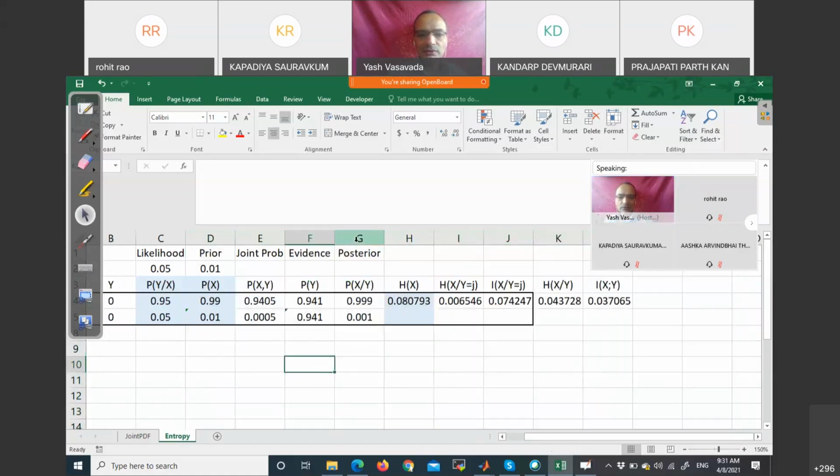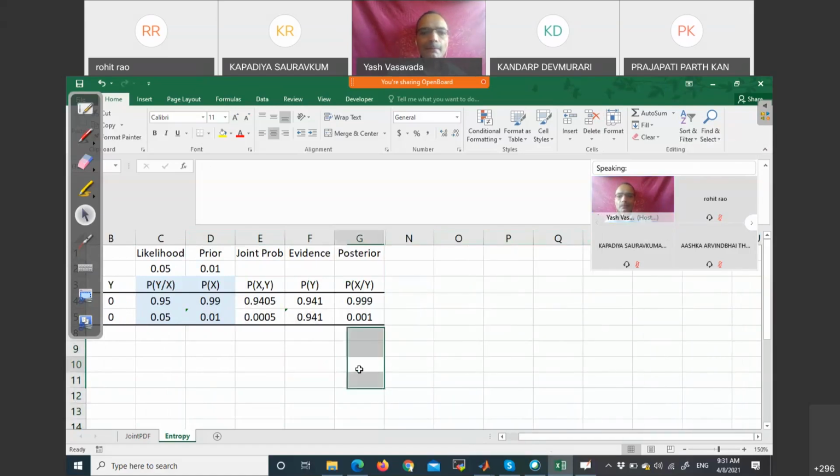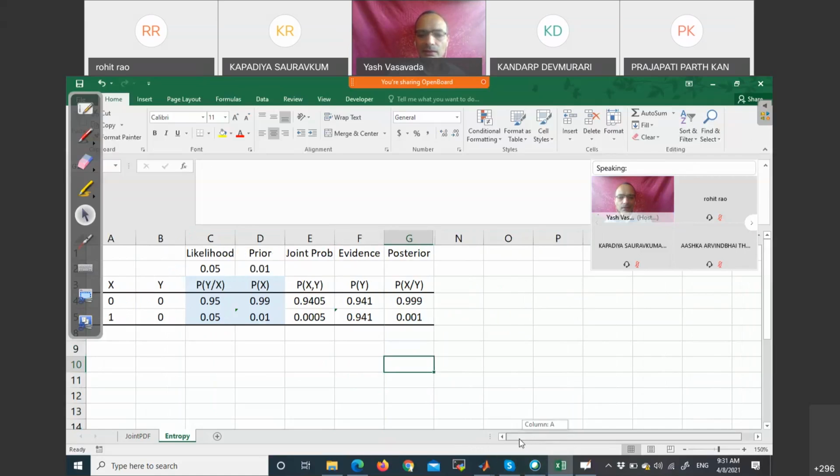Okay, so now let us look at the next 3 lines. This here calculates the joint probabilities. Remember, joint probability is nothing but the product of the conditional times the prior. And so this is just the product of the C column and the D column.